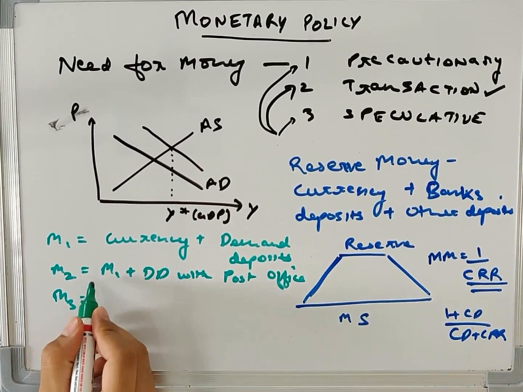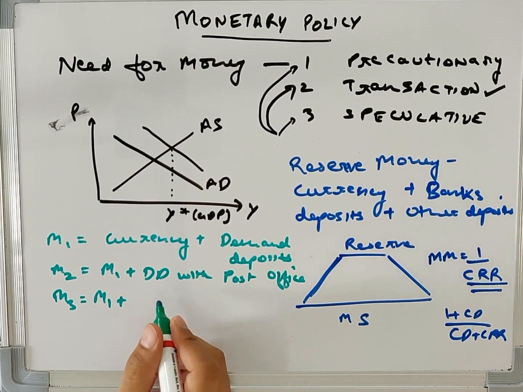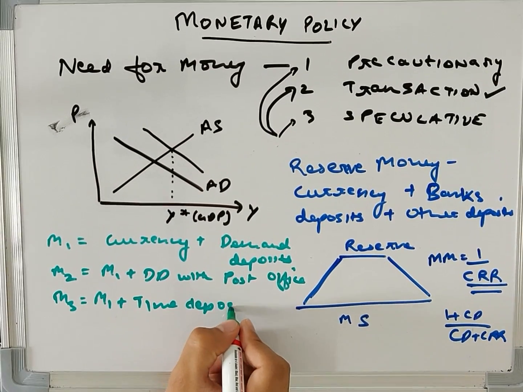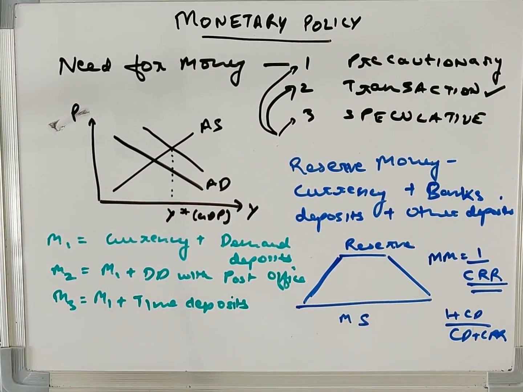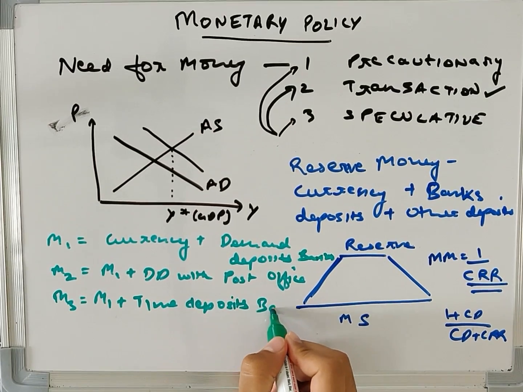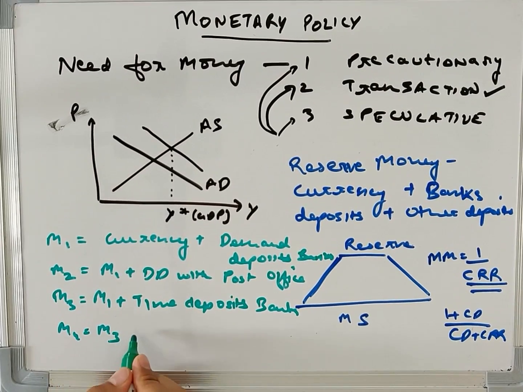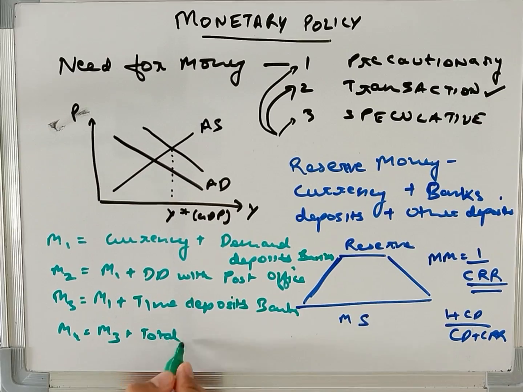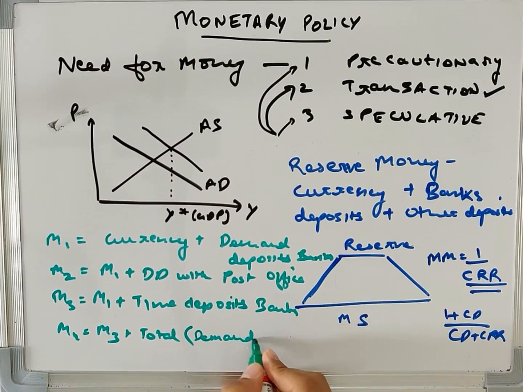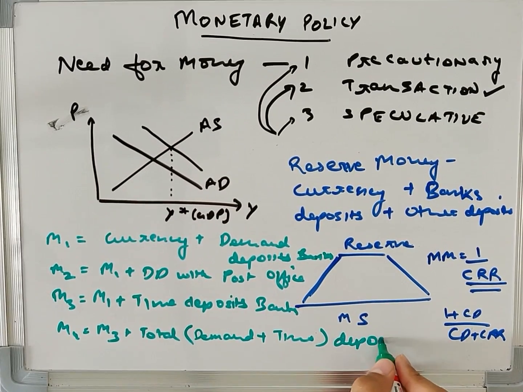M3, this is M1 plus time deposits with bank. And M4 is equal to M3 plus total demand plus time deposits with post office.